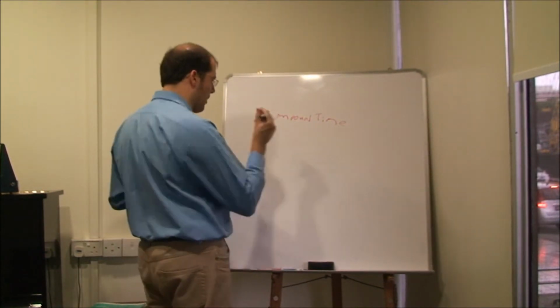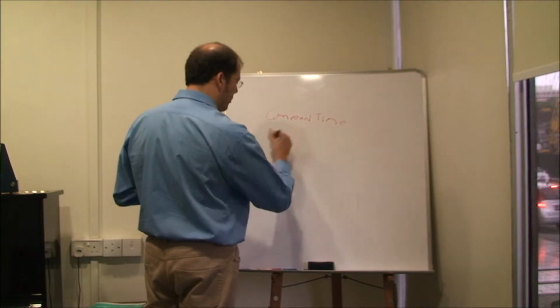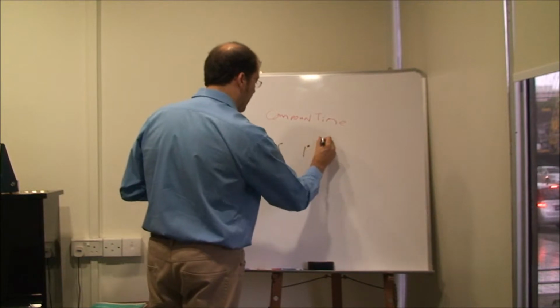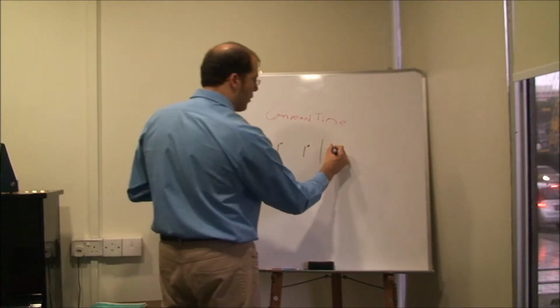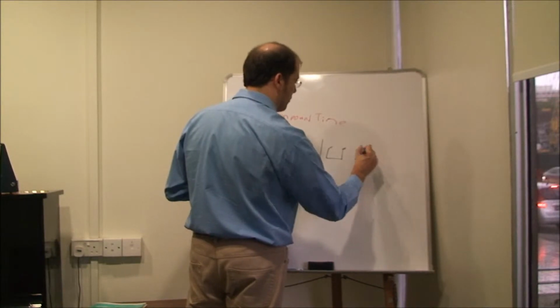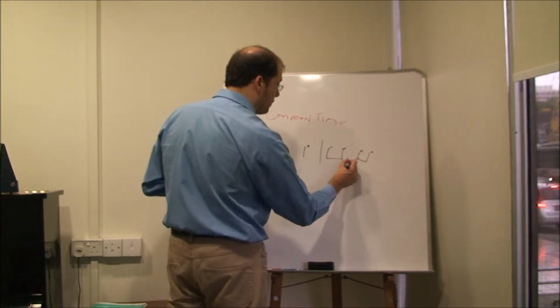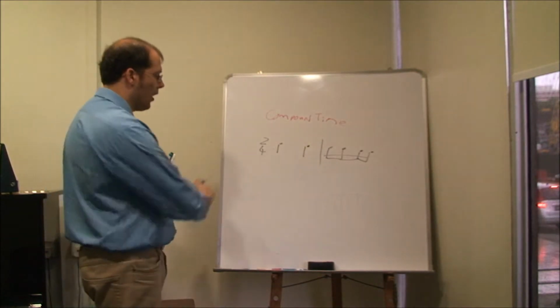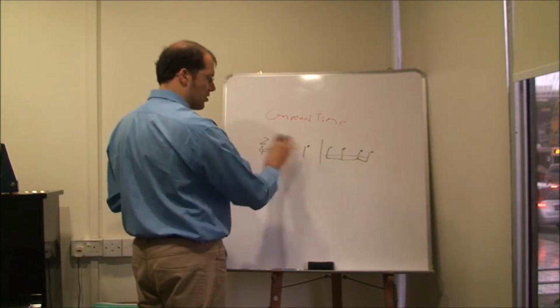So in simple time, we had, let's use 2/4 for example, because that's easy. We had 2 beats, and each one of those beats subdivides into 2s, or into 4s. And so that's simple duple time.